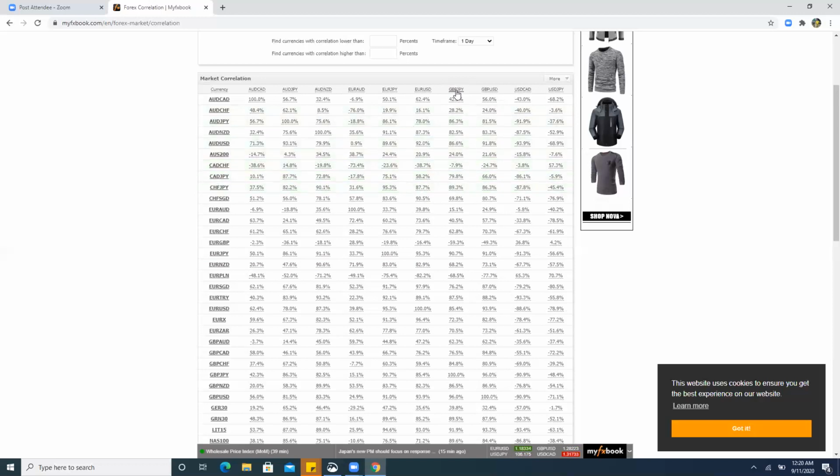So, for example, the Great British Pound Japanese yen. And I'm going to see if the setup looks similar on that pair because a lot of times when you have highly correlated pairs, your setups, your markups are going to look similar on multiple pairs.